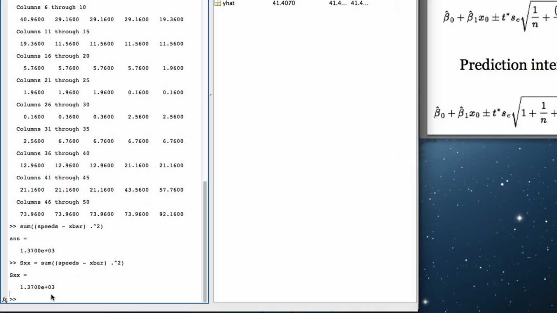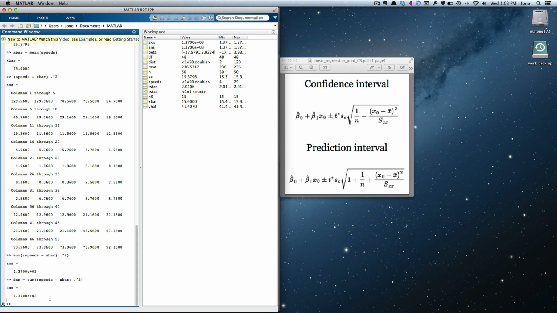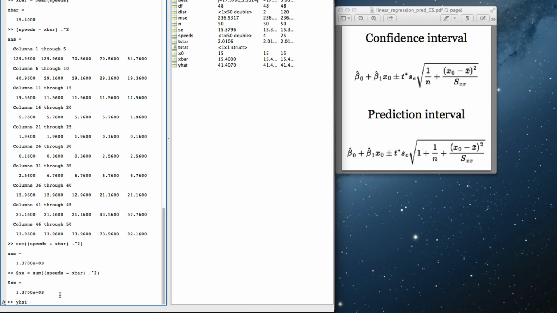So let's just put that over to the side so I can put it in. So for the left end of the confidence interval, I'm going to go y hat minus t star times SE times the square root of 1 over n plus x0 minus x bar squared divided by SXX, close the bracket.